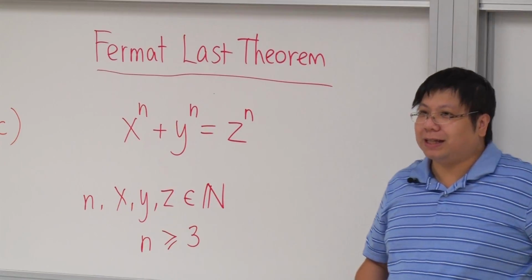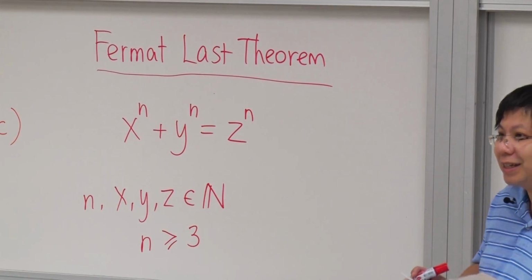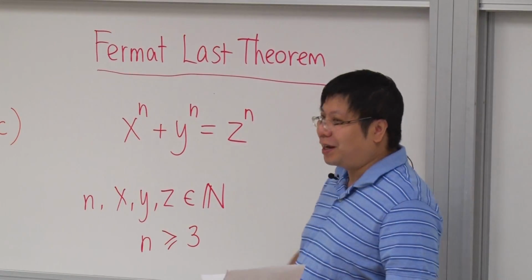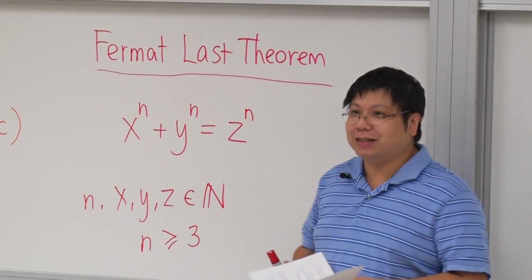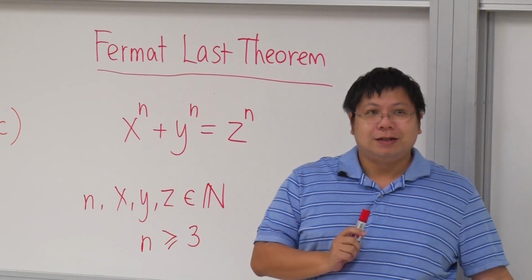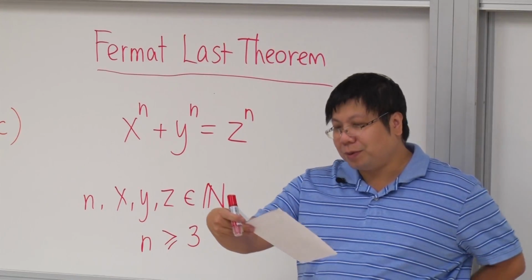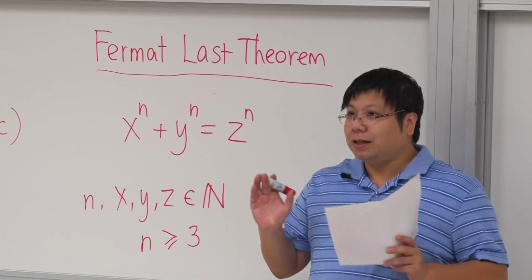Even Fermat has a lot of interesting results that are known to be correct, but he has also a lot of results which are proven to be wrong. Some of the conjectures are wrong. And for this Fermat's last theorem, after Fermat's story, it's been open like 350 years.